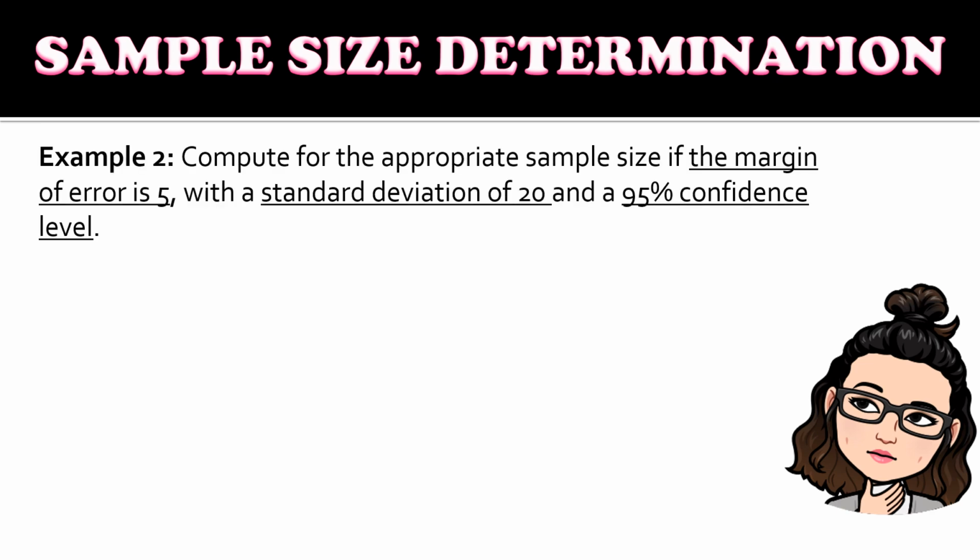Next, example number 2. Compute for the appropriate sample size if the margin of error is 5 with a standard deviation of 20 and a 95% confidence level. For a 95% confidence level, the z value is 1.96. We have the standard deviation of 20 and the error is 5.